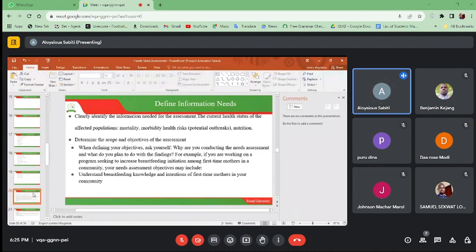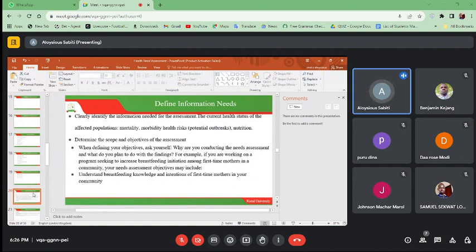step, defining your information needs. So clearly identify the information needed for the assessment. The current health status of the affected population. You will have to look at the mortality, morbidity, health risks, or potential outbreaks, or the nutrition status of this particular society.